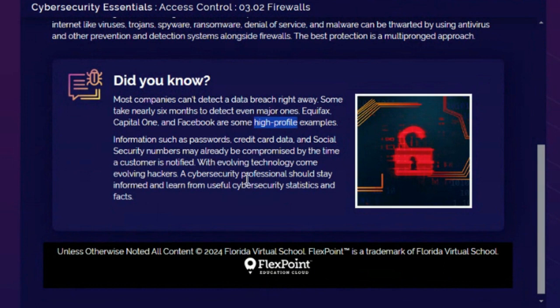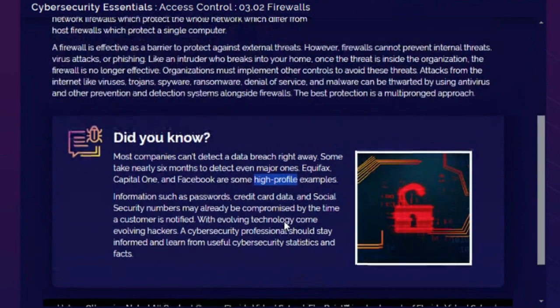With evolving technology come evolving hackers. So a cybersecurity professional should stay informed and learn from useful cybersecurity statistics and facts. So yeah, by the time someone figures out that their data has been breached, that data may have already been used to ruin somebody financially. It's crazy.